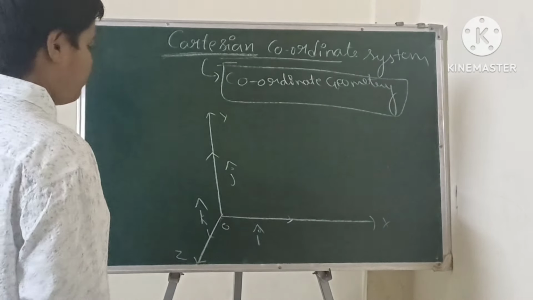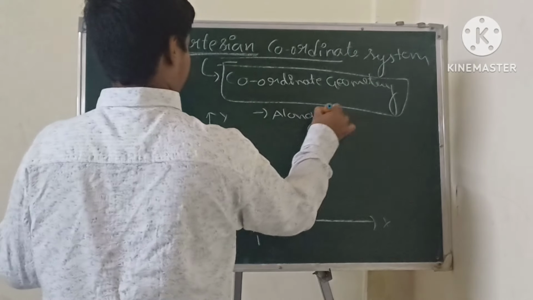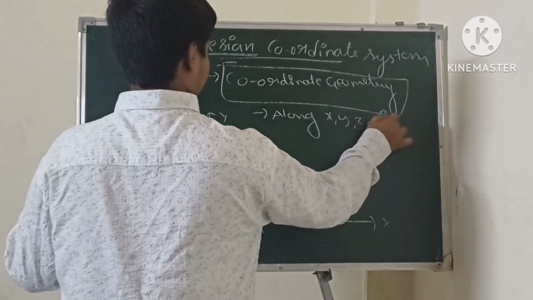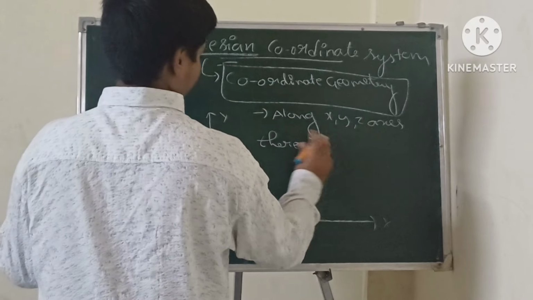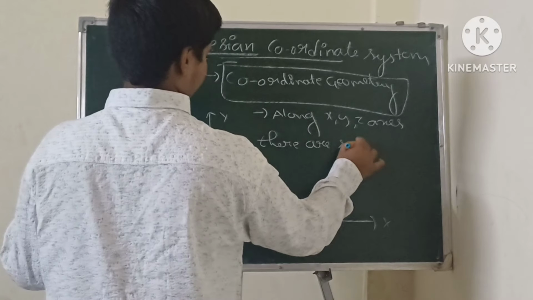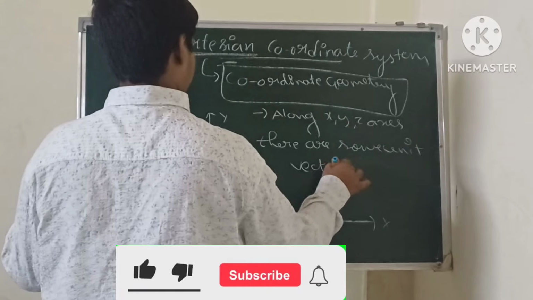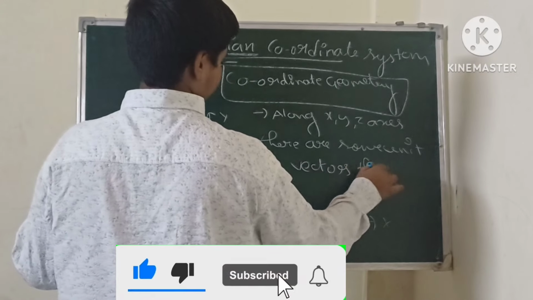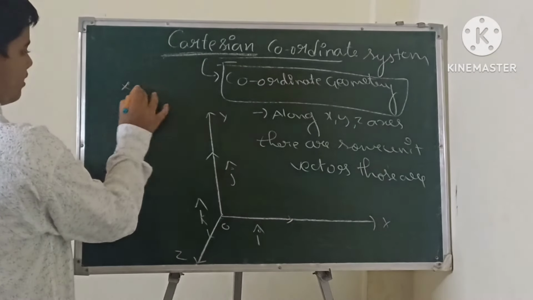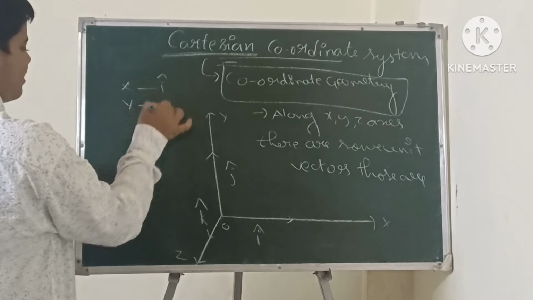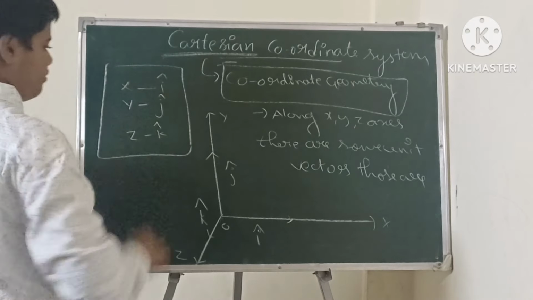So along the x, y, z axes there are these unit vectors: i cap, j cap, k cap.